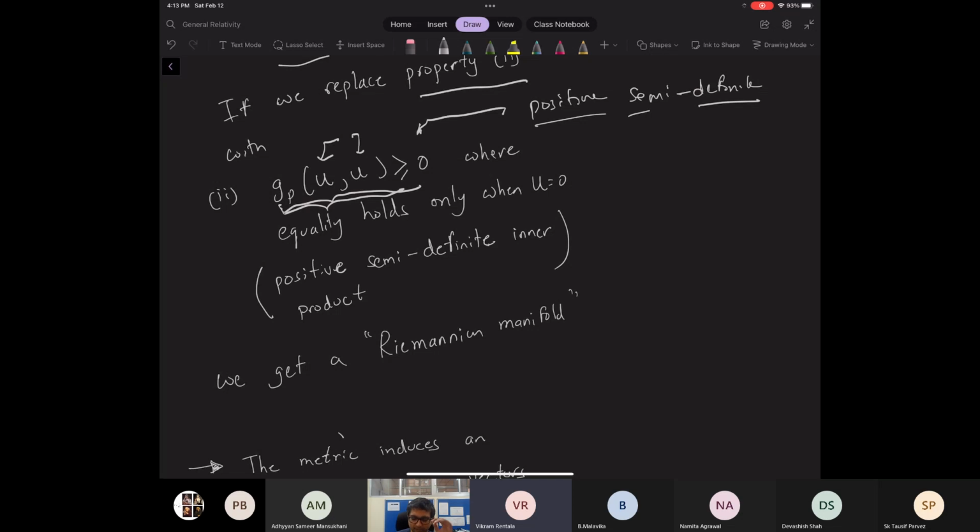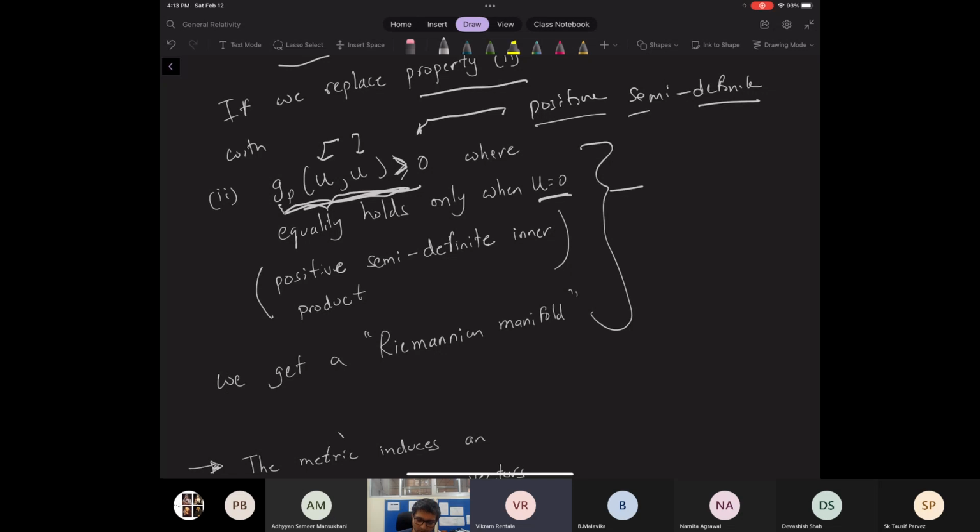And if this statement is true, and the other rule that you impose is that equality to 0 only happens when U is a 0 vector, this is called a positive semi-definite inner product. This rule is obviously more stringent because you're demanding that the dot product of a vector with itself is always greater than or equal to 0 unless the vector is a null vector.